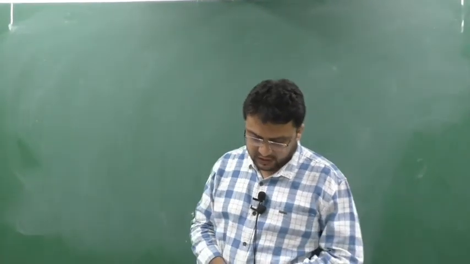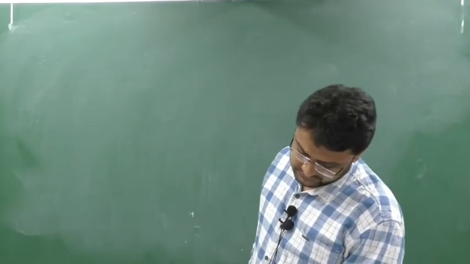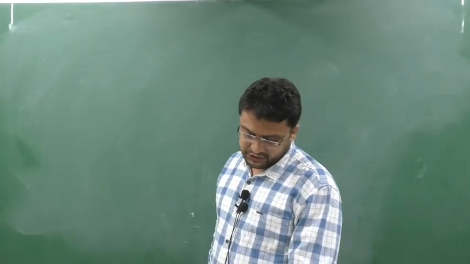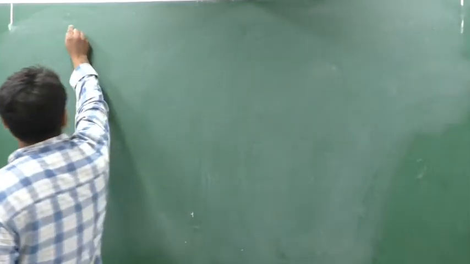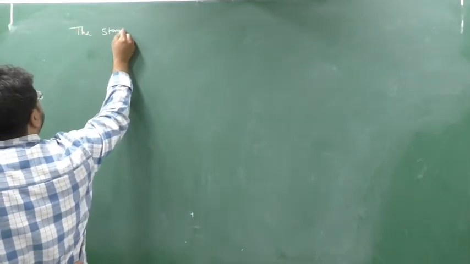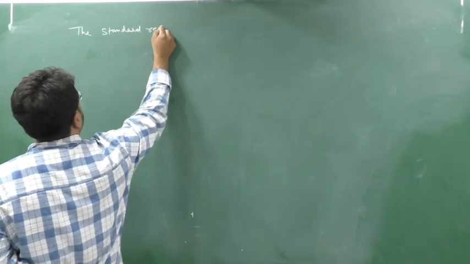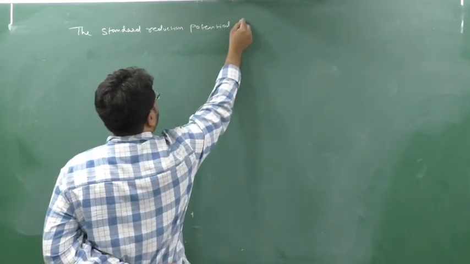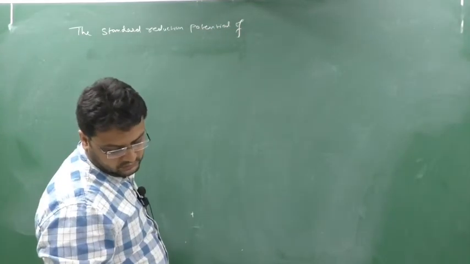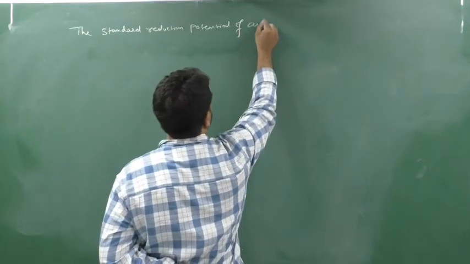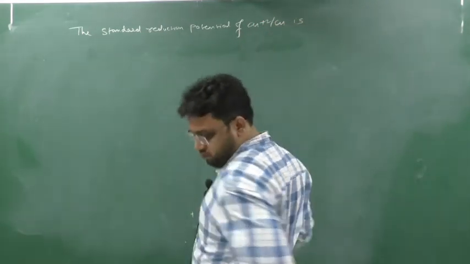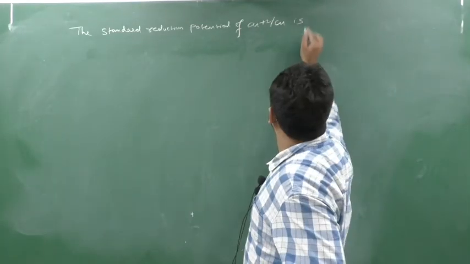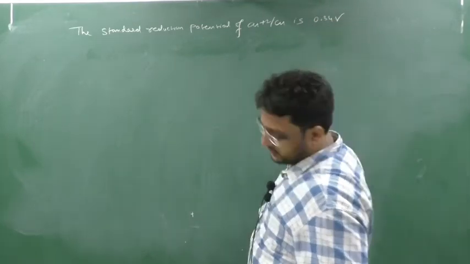So next 2-3 questions we will solve, that is from a certain competition book like Fingertip. Write down the question. The question says the standard reduction potential of Cu plus 2 slash Cu is 0.34 volt. Clear?